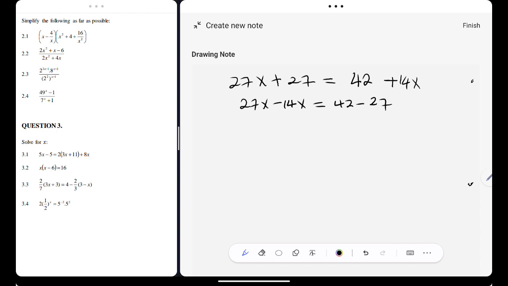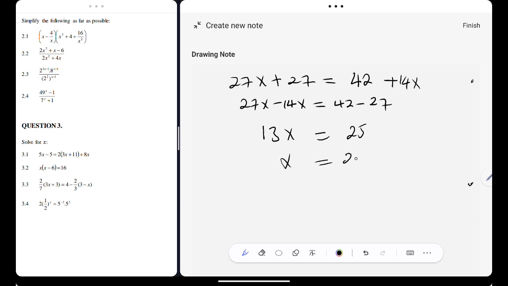So here in this case, 27 minus 14, I think I'll get 13x, and then this side, 42 minus 27 is 25.